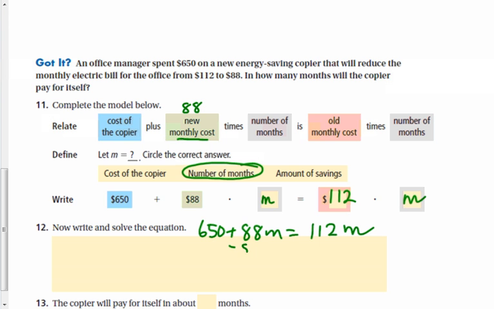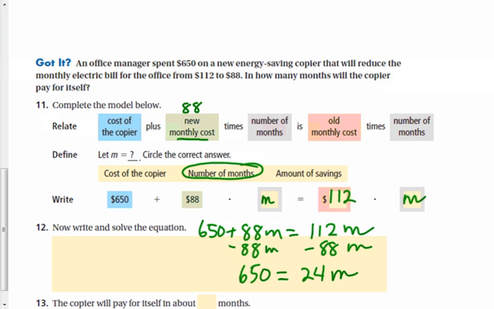And to solve this, we're going to subtract 88M from both sides. And that gives us 650 plus 0 on this side, which is 650. And 112 minus 88 is 24M.